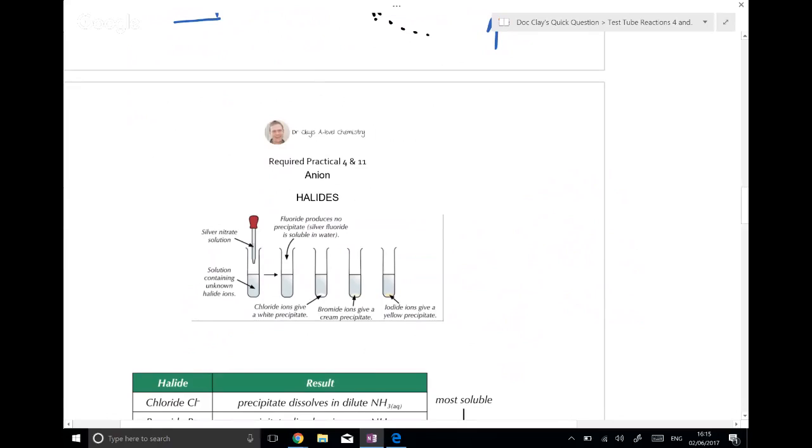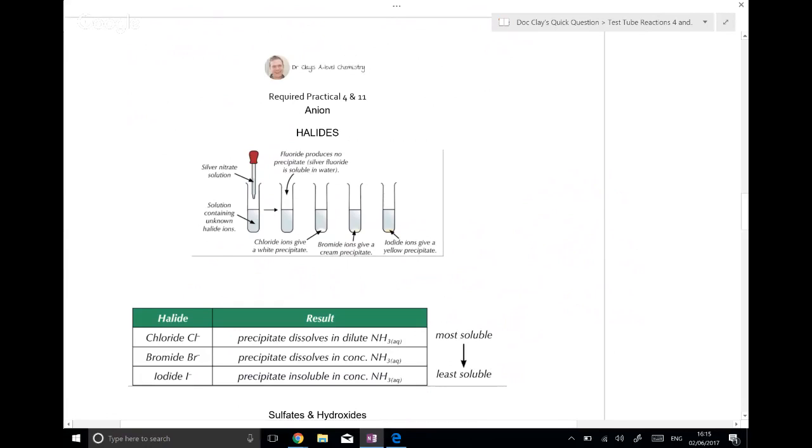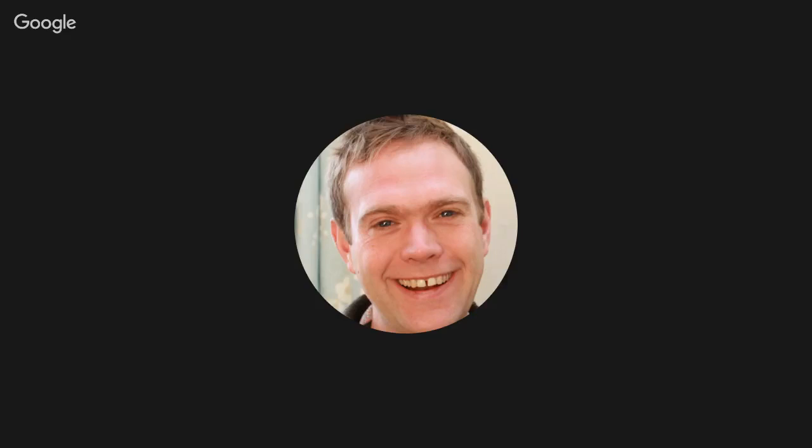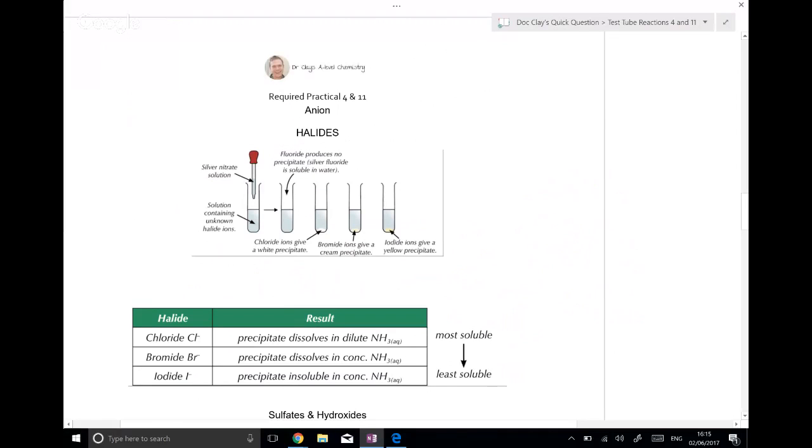The anions are also required. So these are the negative ions that we're interested in, using silver nitrate, AgNO3, which produces silver ions in solution for us.